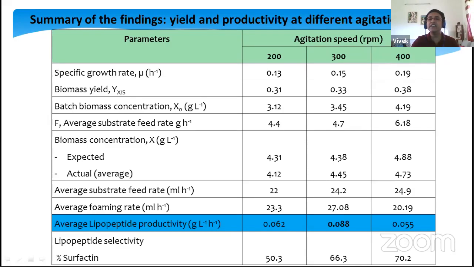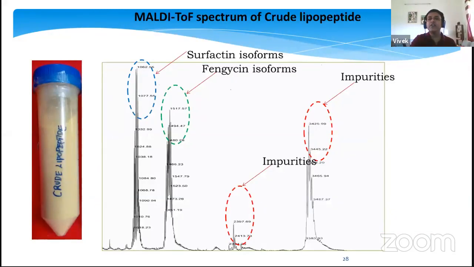If you compare this against a batch process, it would be tenfold less. An added advantage is that we are concomitantly extracting the molecule, which doesn't require additional, intensive purification procedures.